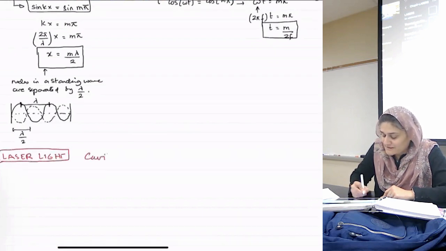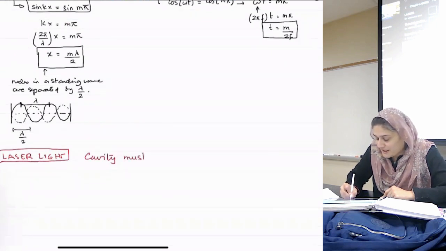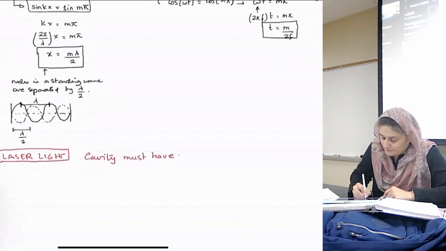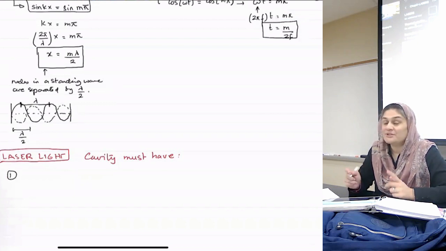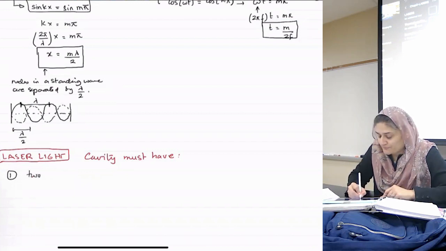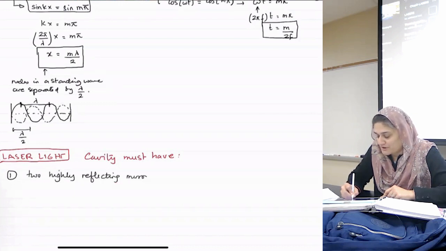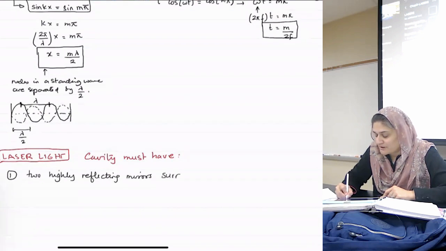For a laser light, the cavity must have, number one, two highly reflecting surfaces, which in the case of light would be mirrors, two highly reflecting mirrors surrounding the gain medium.